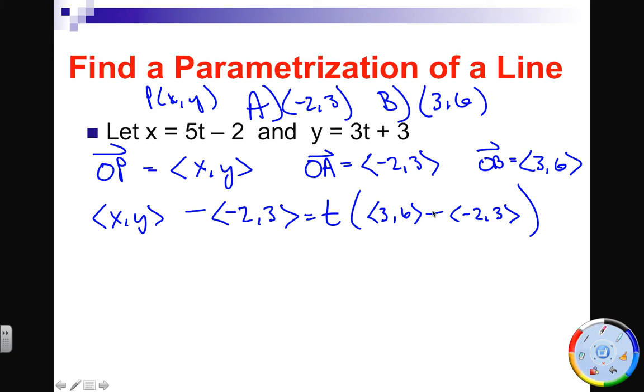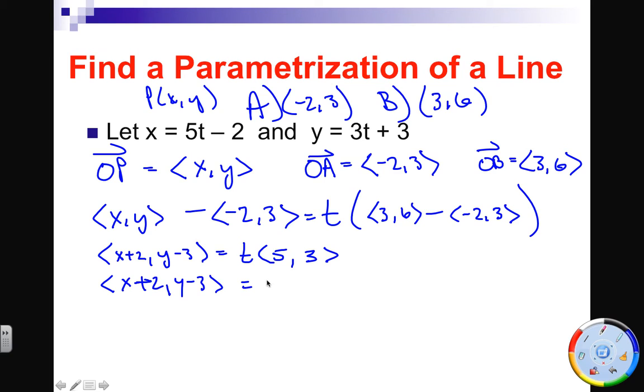This is just using that thing that I put in the bubble on the other page. This new vector, since it's just subtraction, becomes x minus negative 2, so plus 2, comma, y minus 3. It's equal to t times the vector: 3 minus negative 2 is 5, 6 minus 3 is 3. So I get x plus 2, y minus 3 is equal to 5t, 3t.